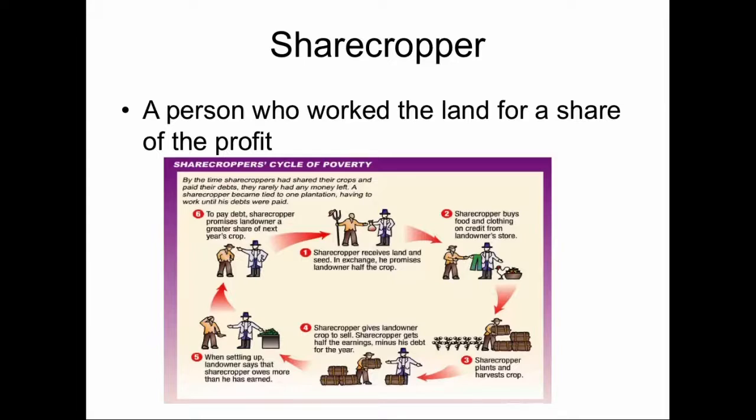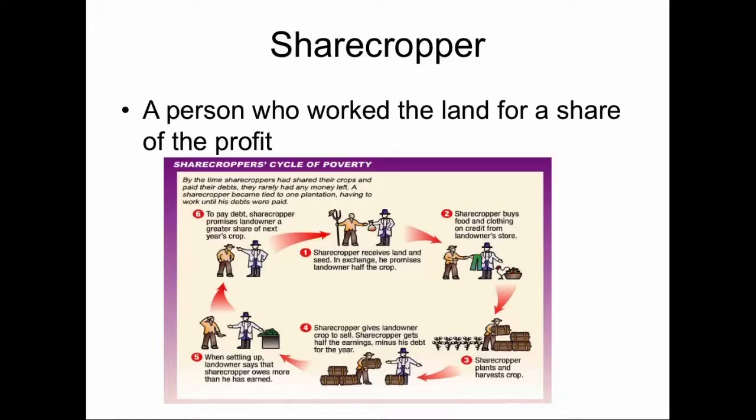The dad had to go off and work another job just so that they could stay on the land. So the arrangement absolutely took advantage of the sharecropper and ultimately left them with nothing. And in a lot of instances, this is the best job that you're going to get as a Southerner.